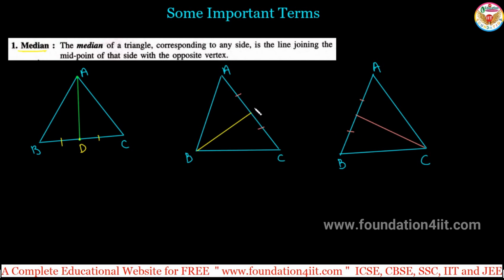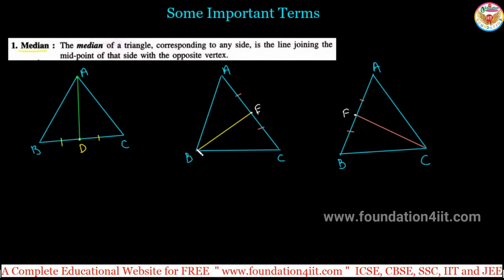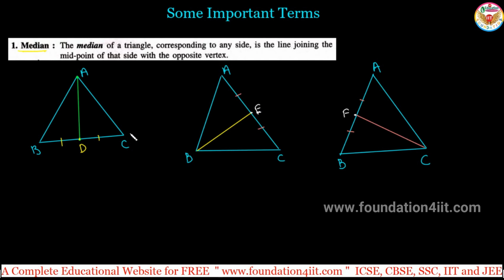So let's name the midpoints E and F. So in the first diagram, AD is the median to the side BC. Next, in this diagram, BE is the median to AC, and CF is the median to AB. Right.